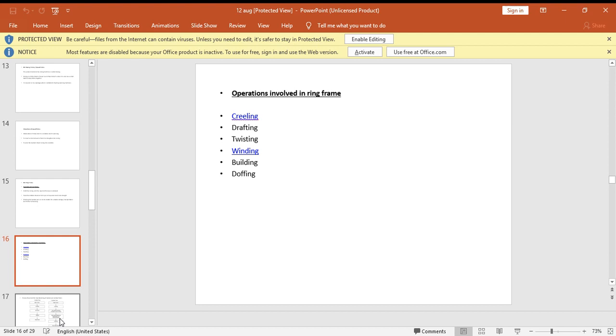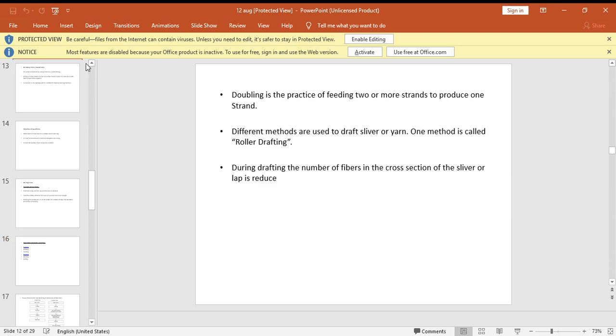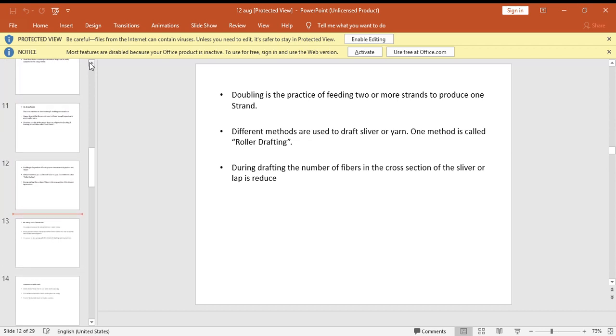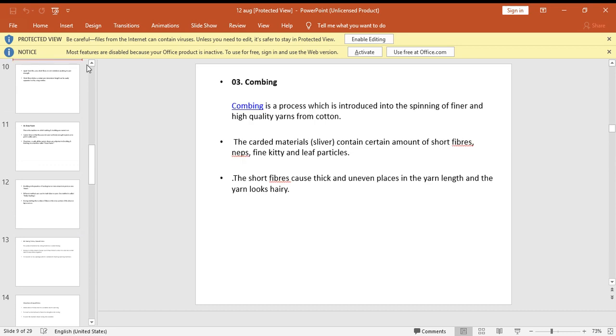And the operations involved in the ring frame are creeling, drafting, twisting, winding, bundling, and doffing. And these are the processes of ring spinning.